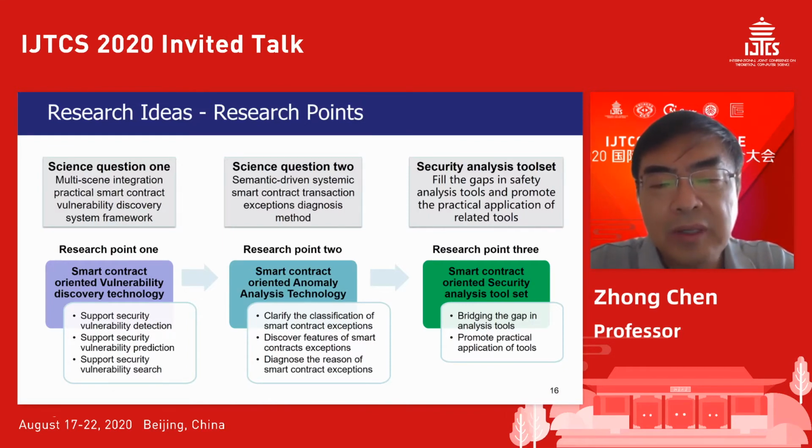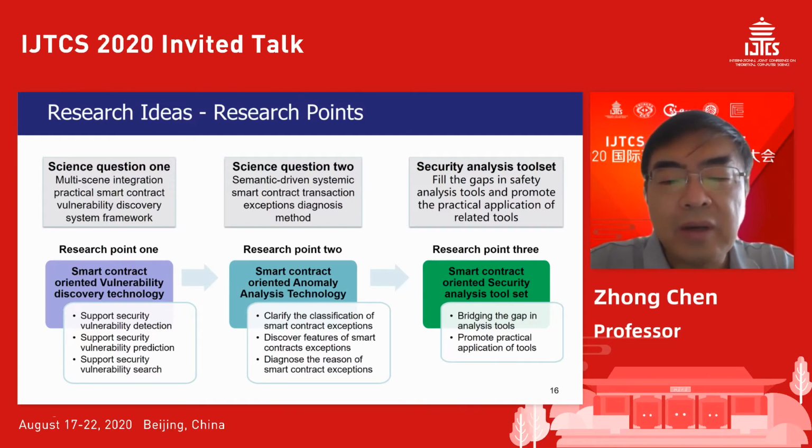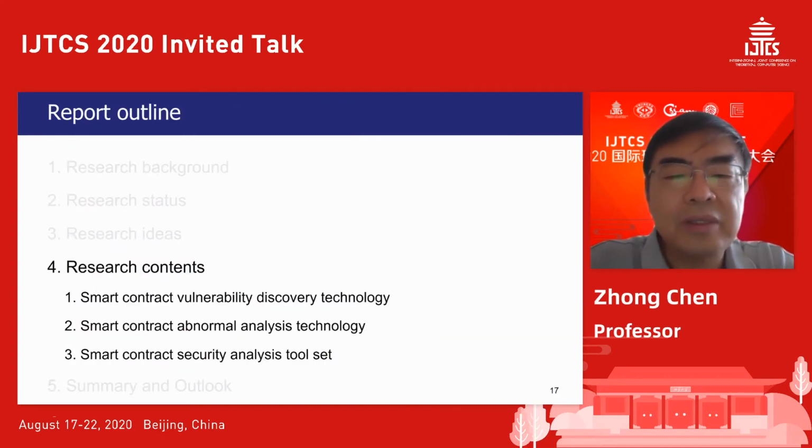For the smart contract oriented anomaly analysis technology, our research covers clarifying the classification of smart contract exceptions, discovering features of smart contract exceptions, and diagnosing the reasons for smart contract exceptions. Let's go through some detail about these three research directions.